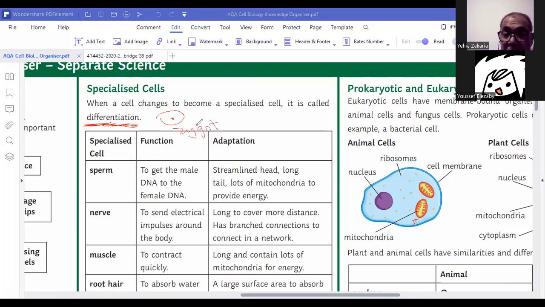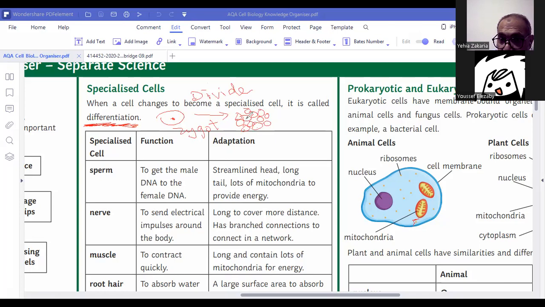This zygote will divide and become a mass of cells.